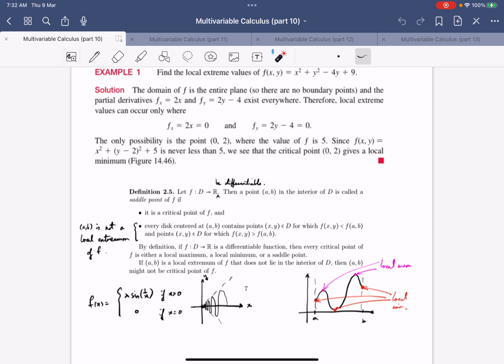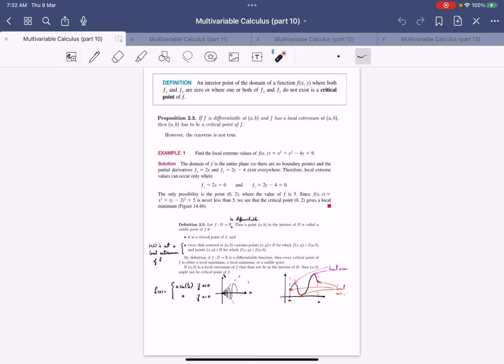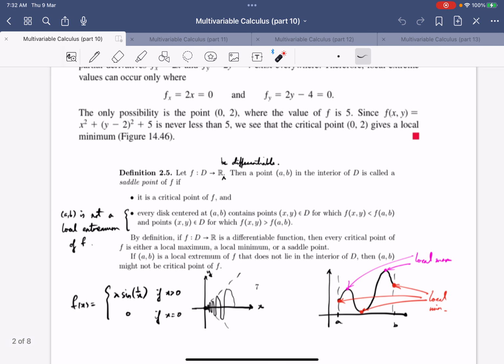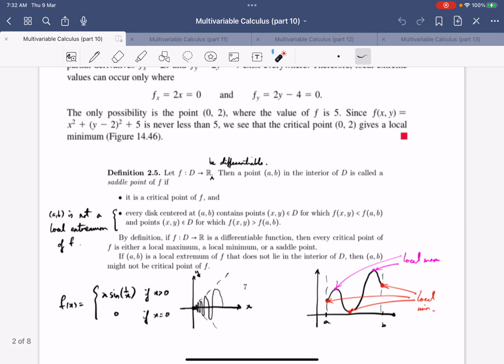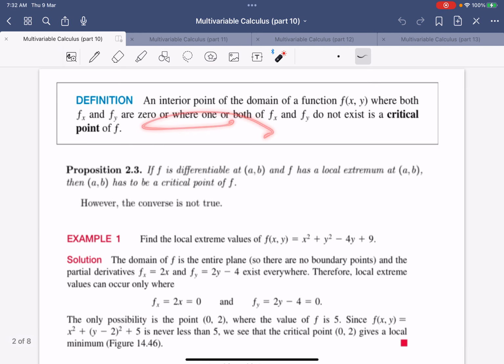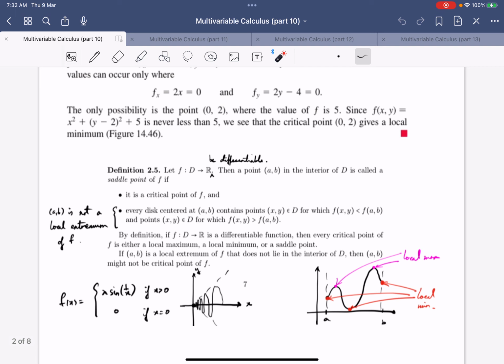And so a saddle point is a critical point, so it fulfills this, but in every neighborhood it is not a local extreme value.